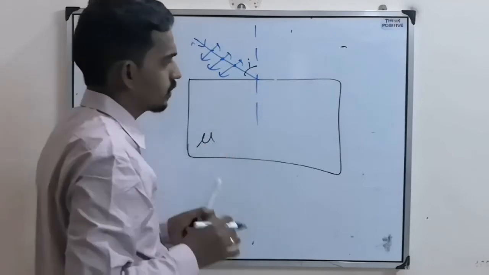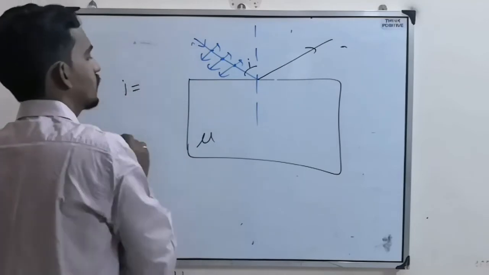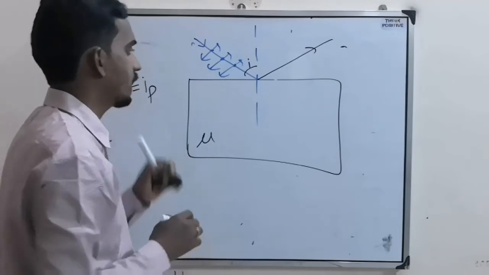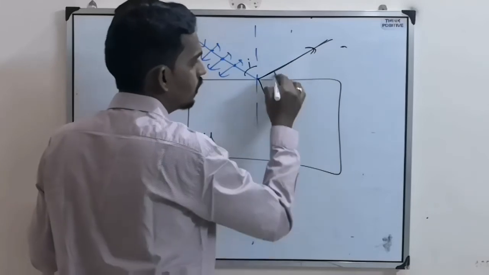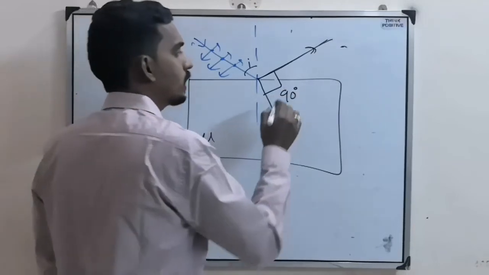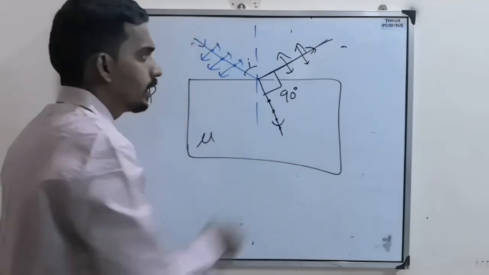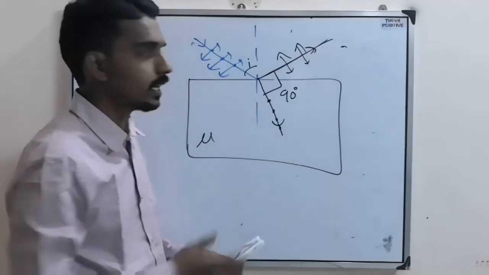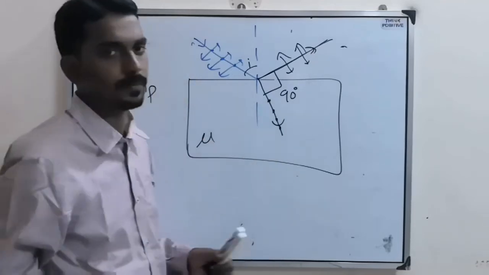At one particular angle of incidence, called the polarization angle, the reflected light and the refracted light both become perpendicular. In such a situation, both are polarized in two different directions. Reflected light becomes polarized and refracted light also becomes polarized.